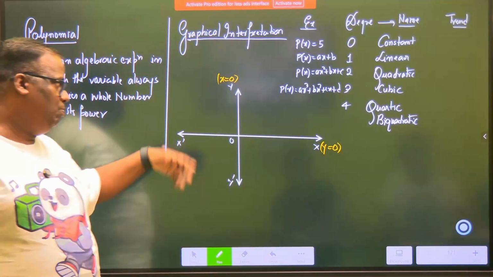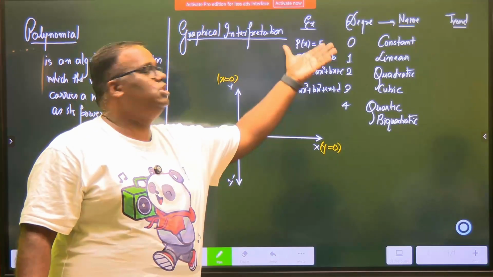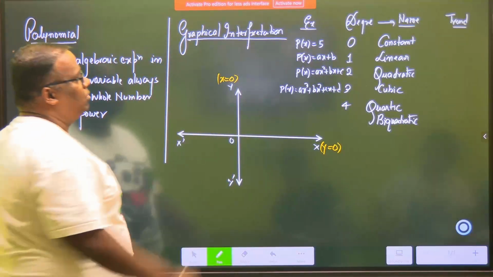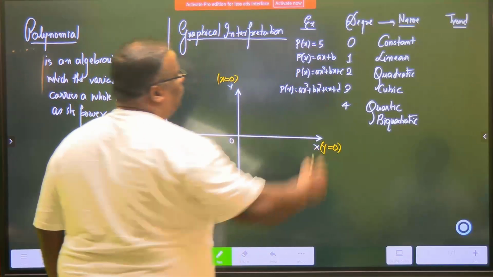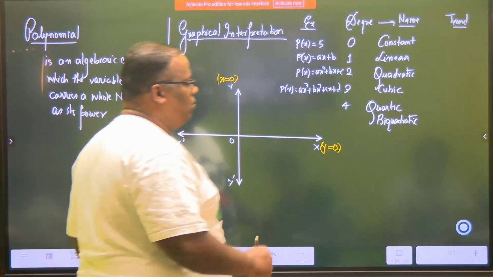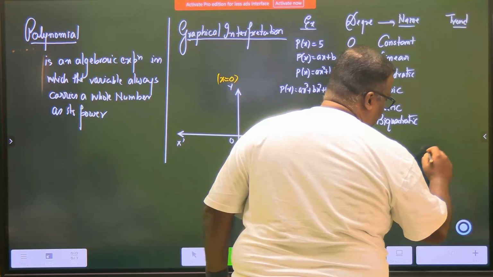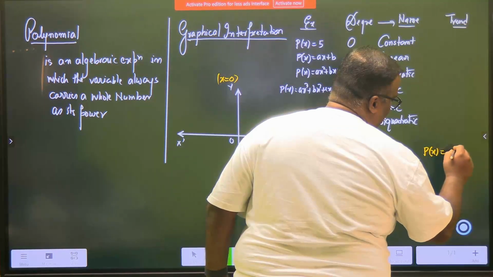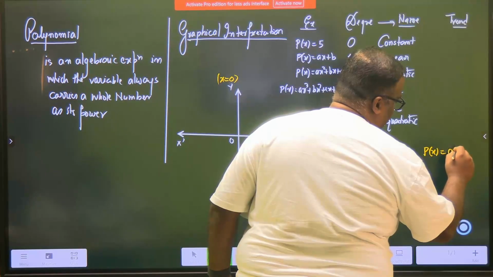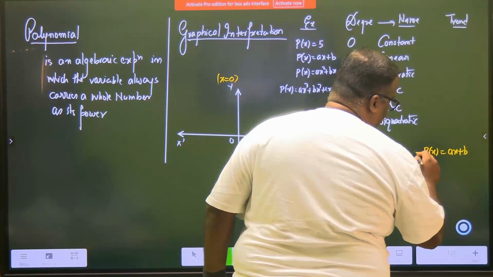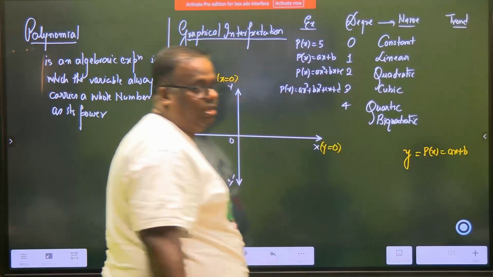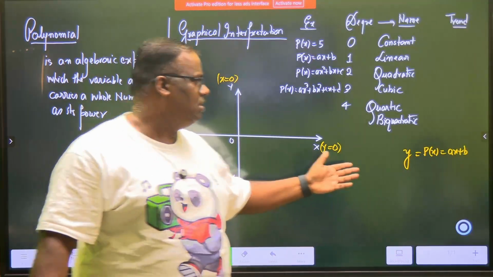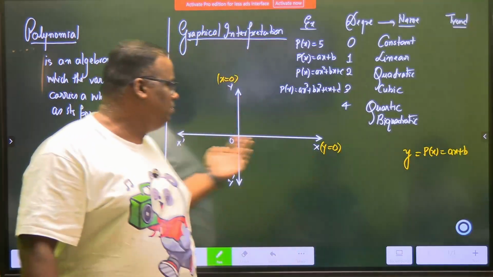Here only we plot these polynomials. We will be plotting them as a function, right? Now, p of x equal to 5. Remember one thing, children. If the function value of the polynomial is, say, ax plus b, this p of x can also be represented by y. Ultimately we don't have a p of x axis out here.